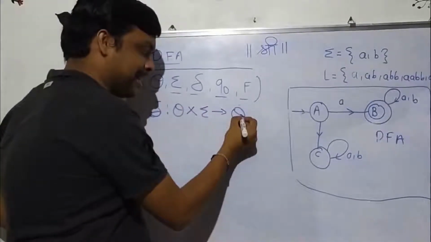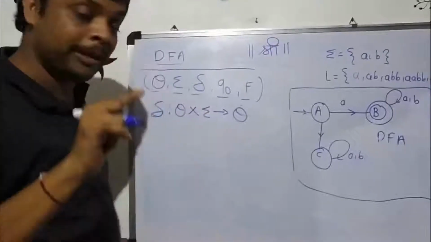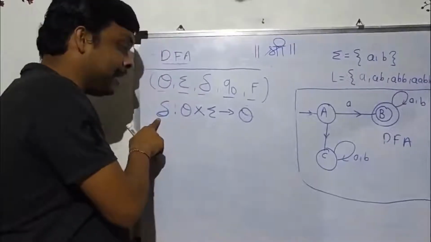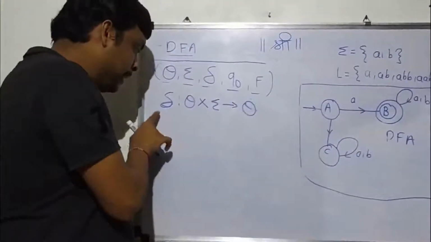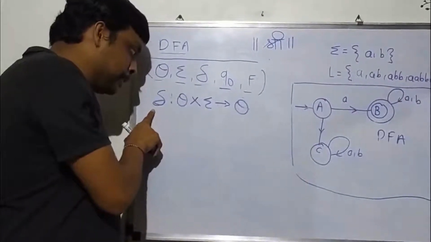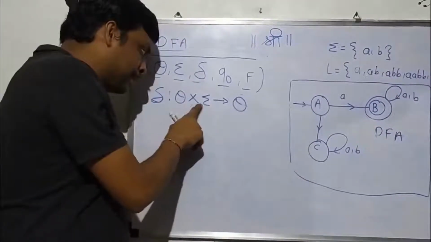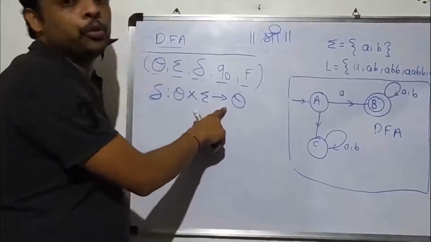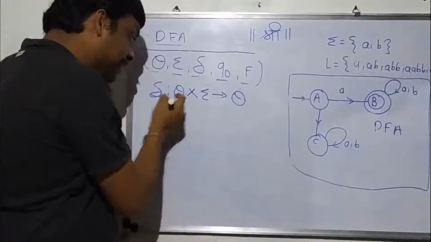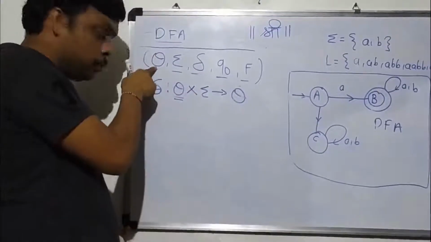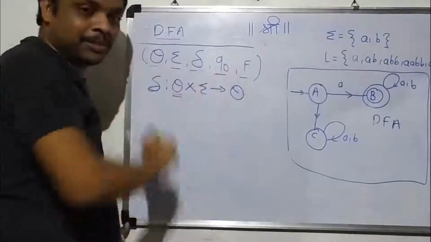We'll just start with the basics. What point you have to remember? In the definition of a DFA, delta is a function from Q cross sigma to Q. Now what is the meaning of this statement? Q, as I said in my last presentation, represents the set of states.